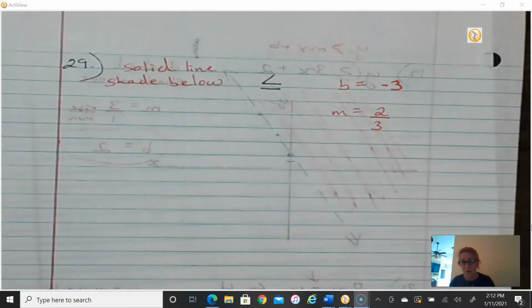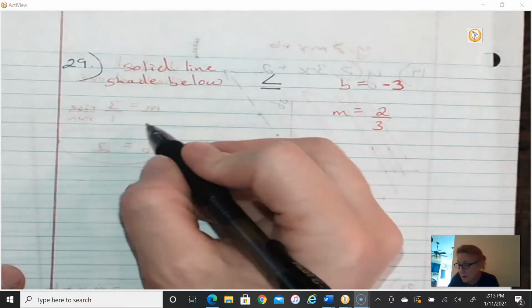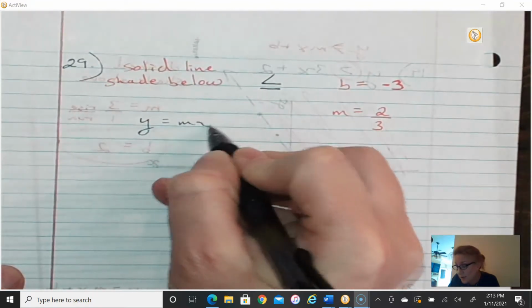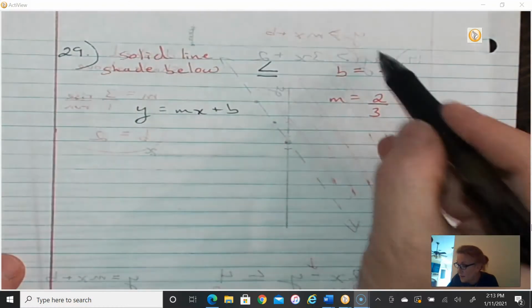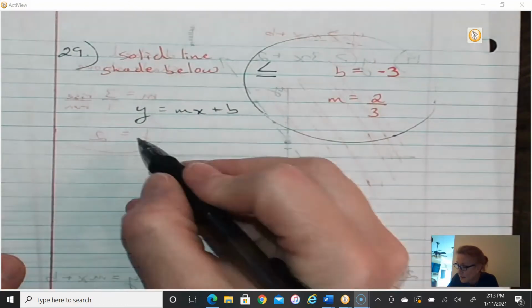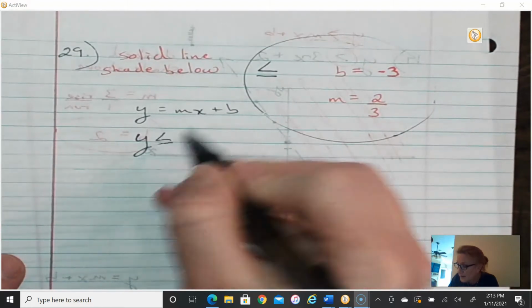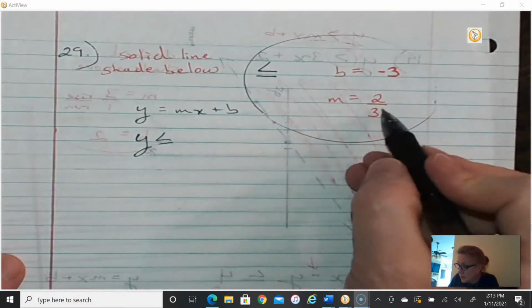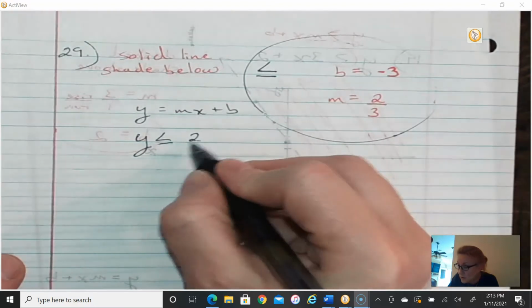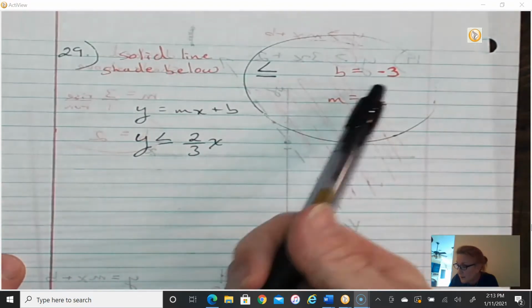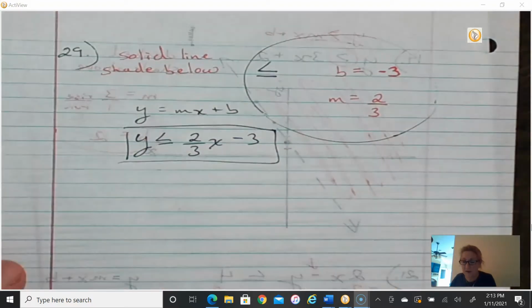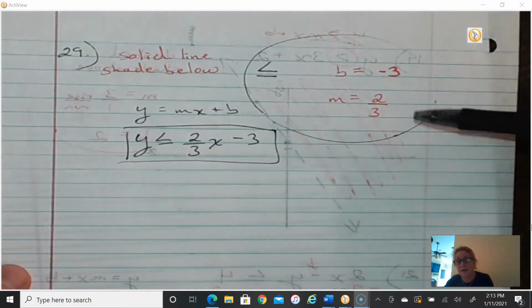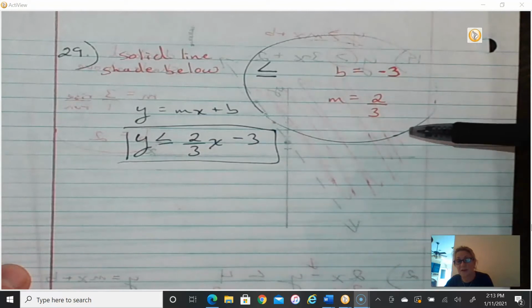So your slope is 2 over 3. So now you just write the y equals mx plus b format, and you insert this information right here. So it'd be y is less than or equal to, right here's your slope, 2 over 3x minus 3. There's your answer.